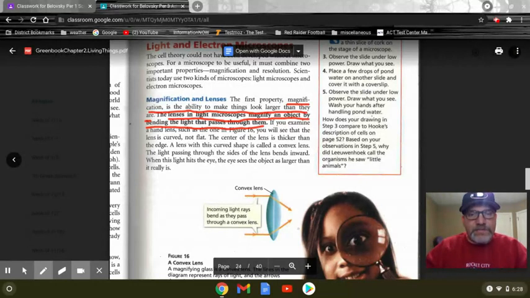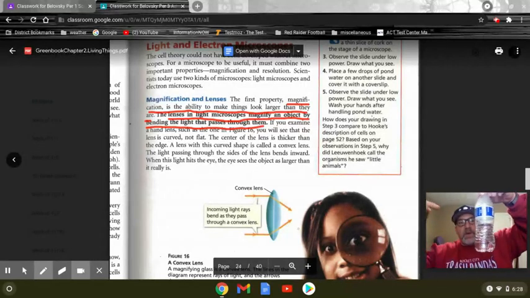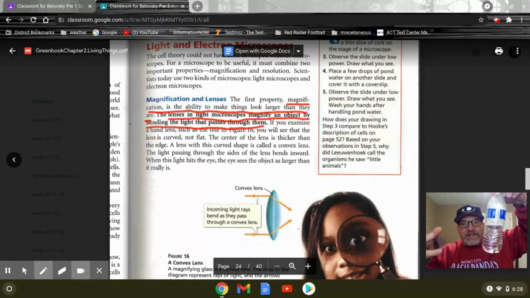Light bends. Light rays coming from this light right here, they move at a certain speed. And when they hit something other than air, they change speeds and it makes them bend. Okay. So when light hits this bottle, as it starts traveling through, the light is bent.